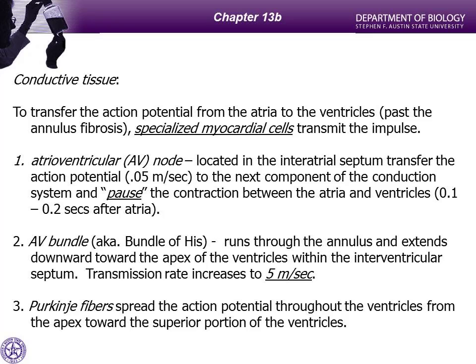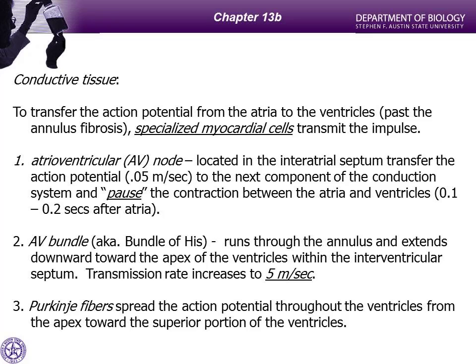But these Purkinje fibers spread out and they release the action potential at the base of the heart and along the walls of the ventricles. So the cells that depolarize first are the cells at the base of the heart. So the heart contracts from bottom up because that's where we're wanting to move the blood, up and out.